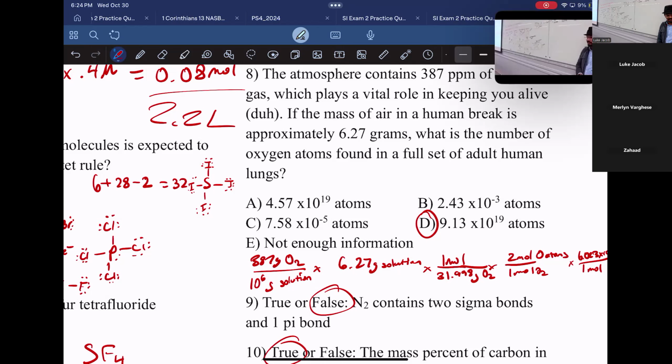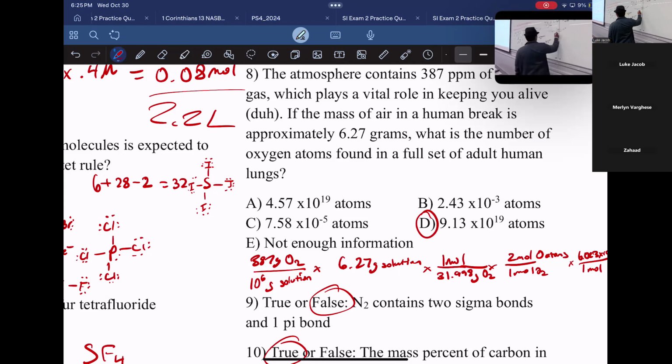The way you do it in class is in multiple steps. So ppm equals grams of solute over grams of solution times 10 to the 6, right? You use basic algebra.